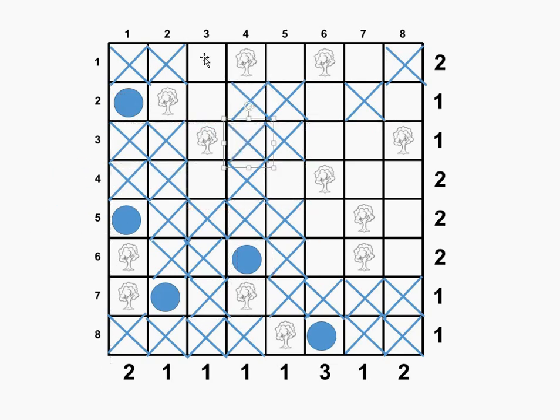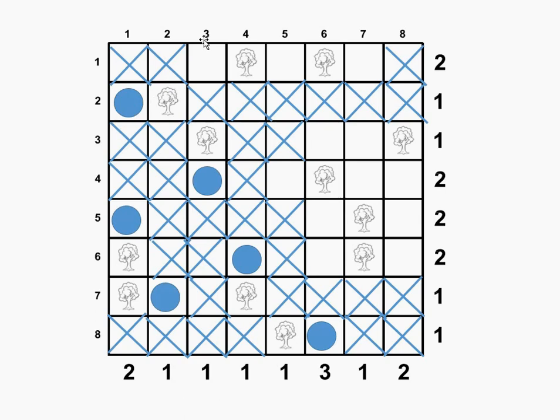Same as it was for column number 4, the same situation is for row number 2. There is only one tent, and this is the one. The remaining cells will be empty. This tree, there is only one cell to make the tent, and this is the position for the tent here.